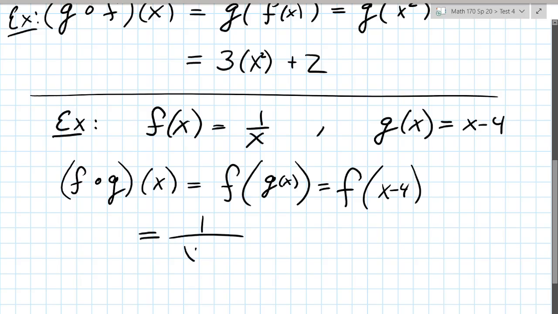That is 1 over x minus 4, and that's our new function.